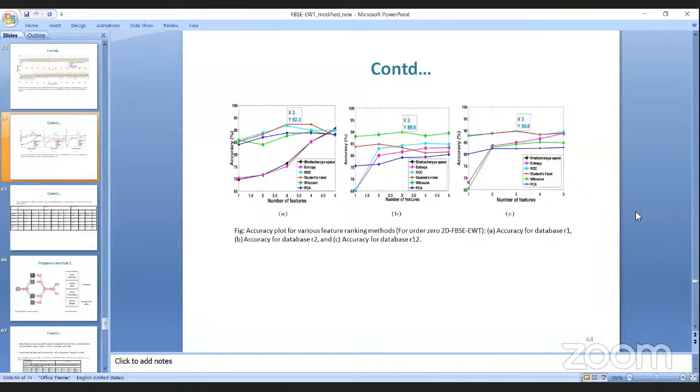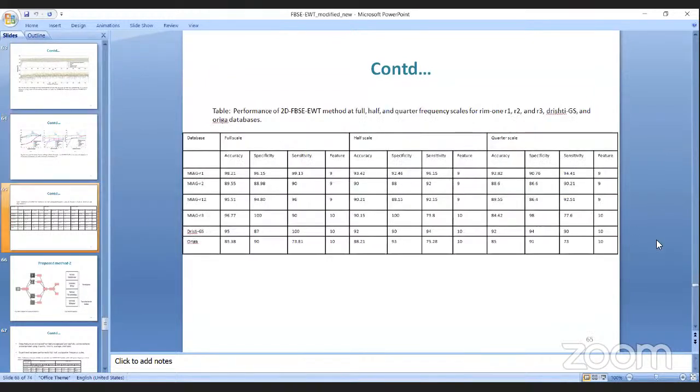Here PCA is also included, for the order 0 two-dimensional FBSE method and for accuracy on databases R1, R2 and R1. We also studied the performance of the two-dimensional FBSE method at various scales: full scale, half scale, and quarter frequency scales, for the R1, R2, R3, STGS and Origa databases.